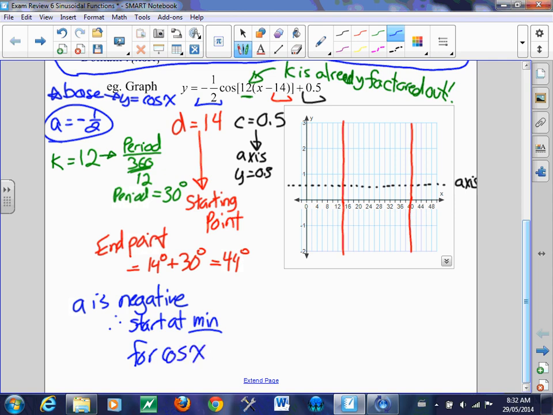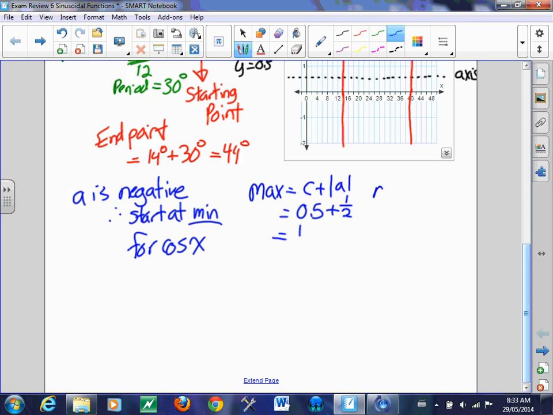So if you want to think about what's my maximum height? Maximum, according to our formula, equals c plus the absolute value of a. So we know c is 0.5 plus a half. A half plus a half equals 1. So our maximum value is going to be 1. And our minimum value equals c minus the absolute value of a.